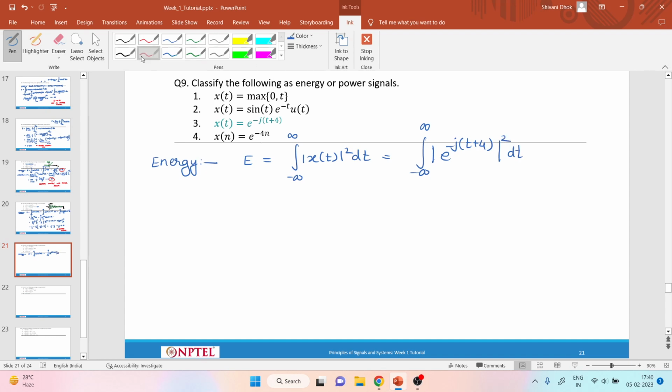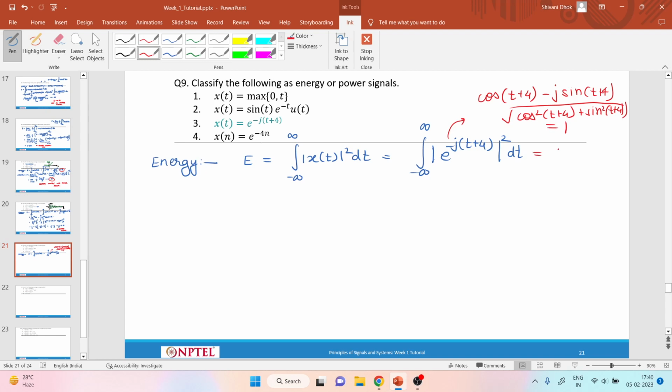Now this is a complex exponential, which is cos of t plus 4 minus j times sine of t plus 4, and its absolute value, that is its magnitude, will be under root of cos square t plus 4 plus sine square t plus 4, and this will be equal to 1.